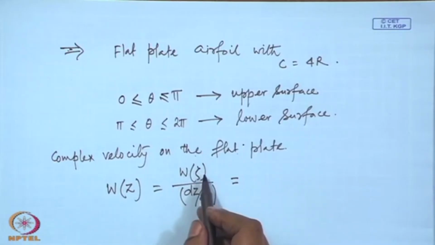This we simplified last time with the value of circulation. What was that expression?